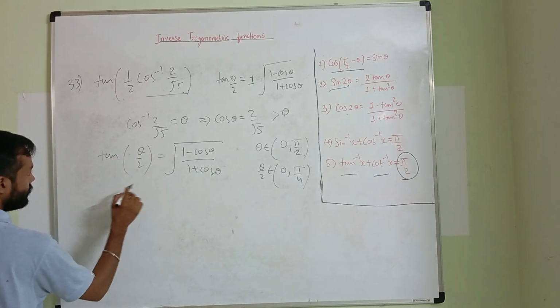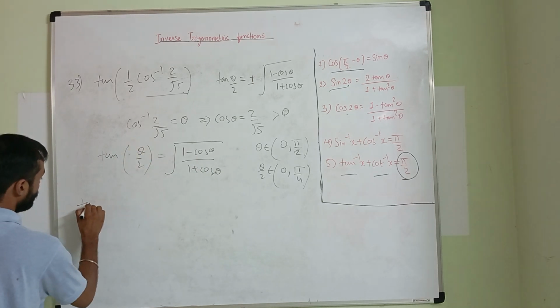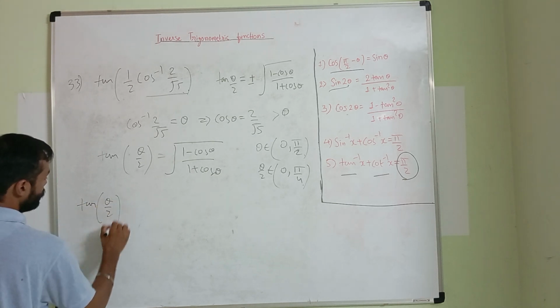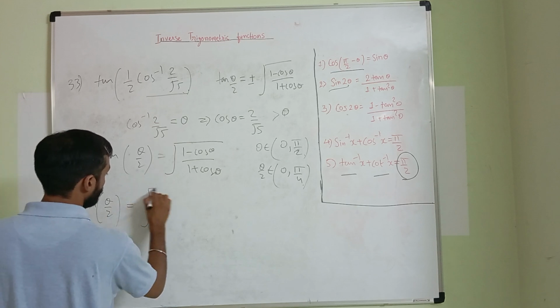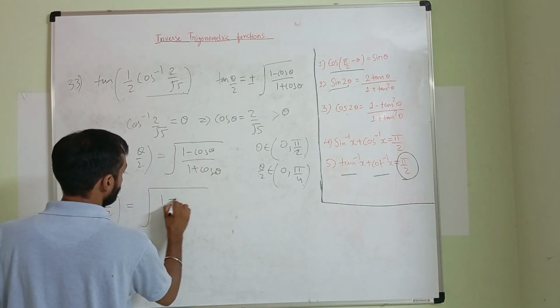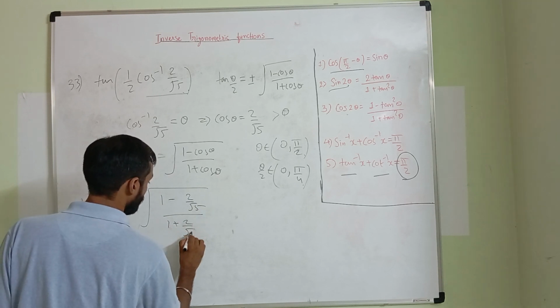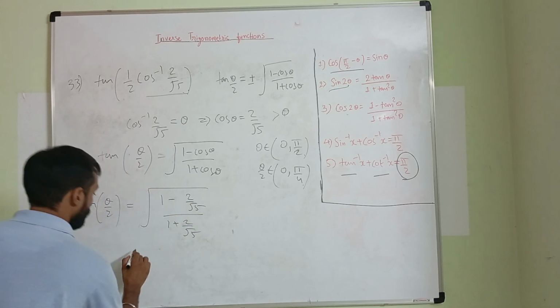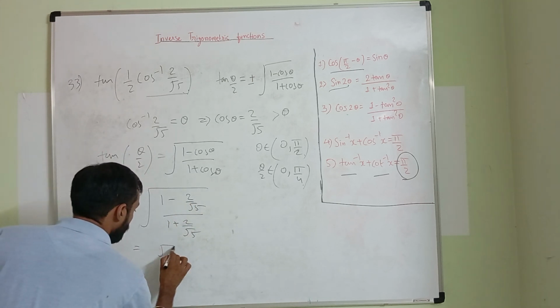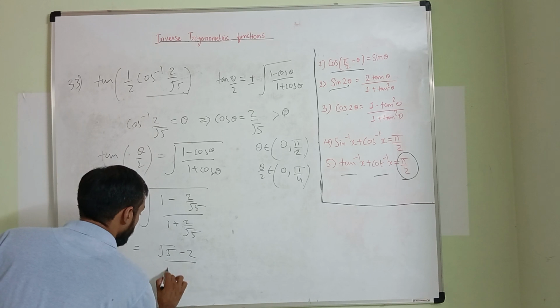So tan theta by 2 will be equal to under root of 1 minus 2 upon under root 5 upon 1 plus 2 upon under root 5. So it will be under root of under root 5 minus 2 upon under root 5 plus 2.